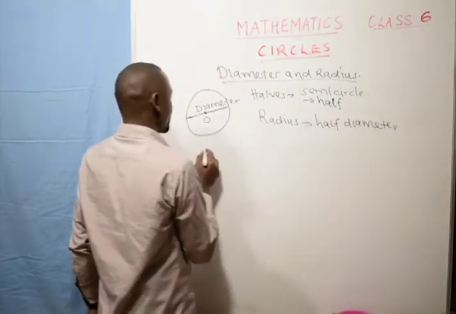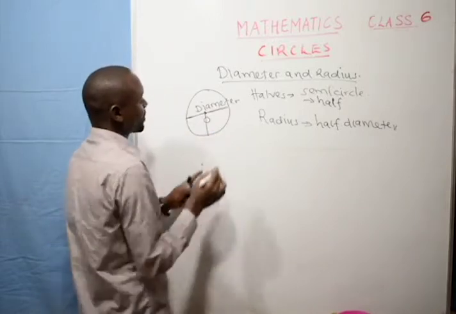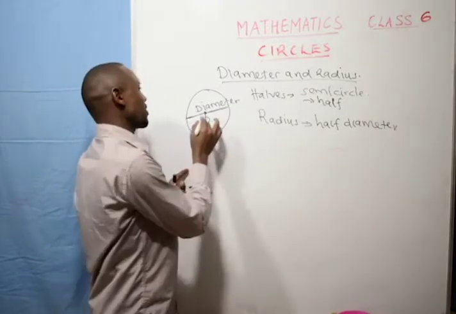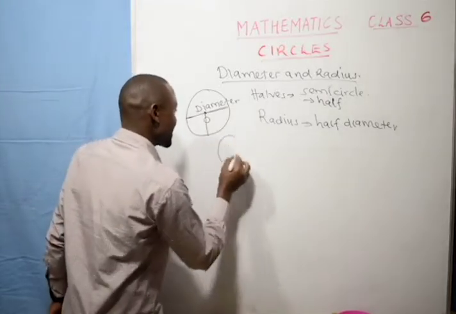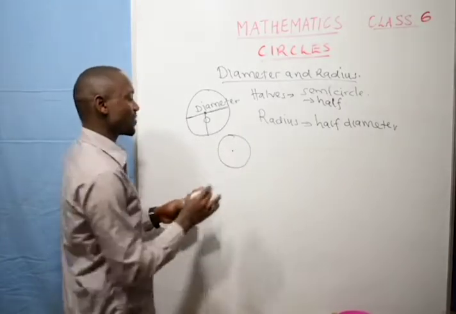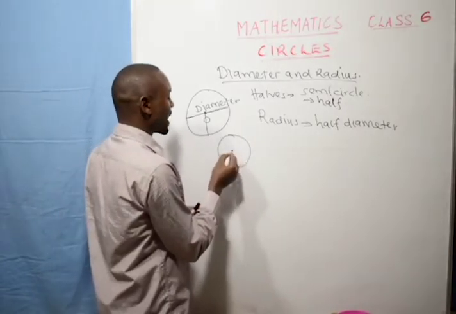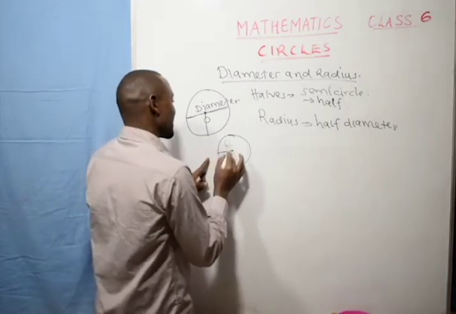For example, this line is drawn from one side of the circle and goes up to the center of the circle. That is what we call a radius. So any line from the center of the circle to the side of the circle is called the radius.